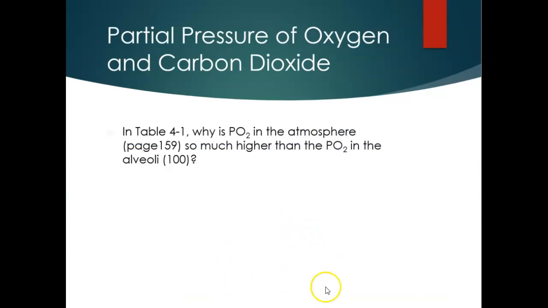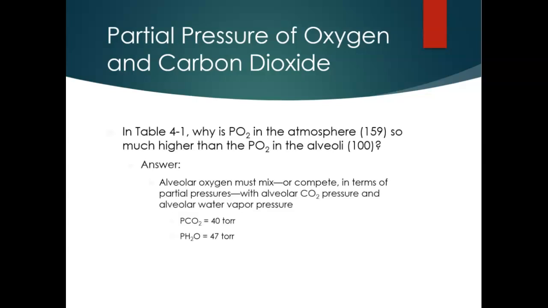Okay, so that table, before we talked about how the atmospheric air PaO2 is at 159, and that's a lot higher than your alveolar PaO2, and that's because, again, you have a much higher level of carbon dioxide in your lungs, and a much higher level of water vapor in your lungs.